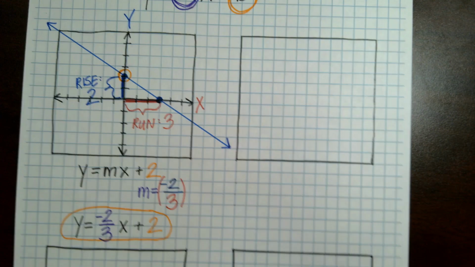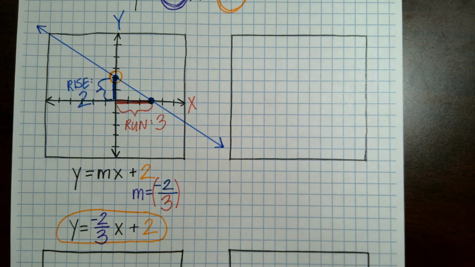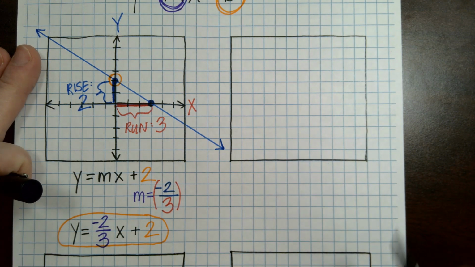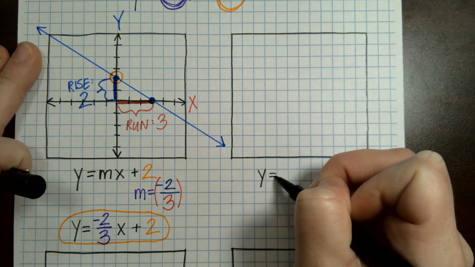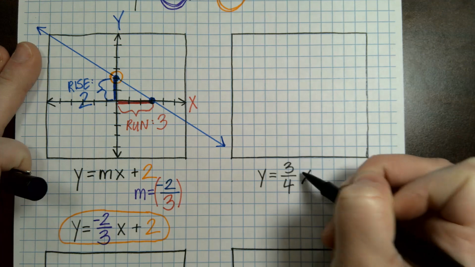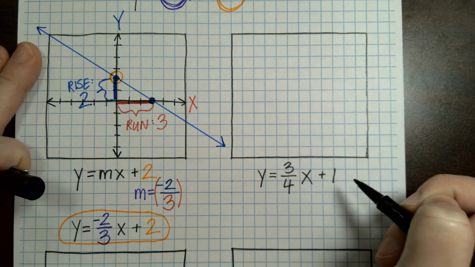All right? So let's do a couple more examples and just get this in our brains. Let's go backwards. Let's start from an equation. Let's say I give you y equals 3/4 x plus 1.